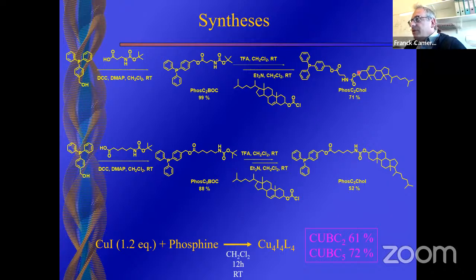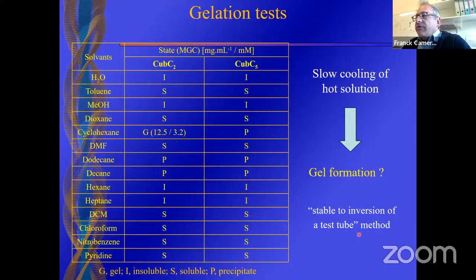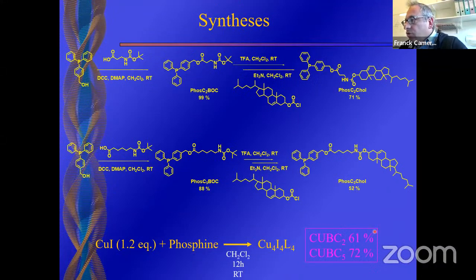So we developed these 2 phosphine derivative molecules, which change mainly the size of the chain between the 2 fragments. So these 2 phosphine derivatives can easily be synthesized. And after we make the cubane, we obtain the cubane in good yields.